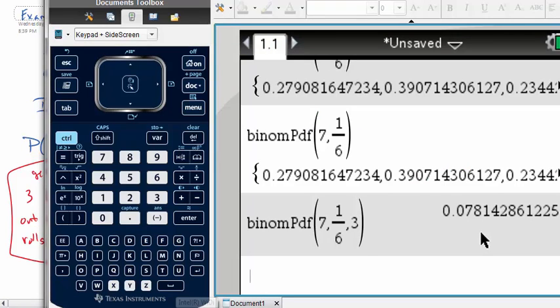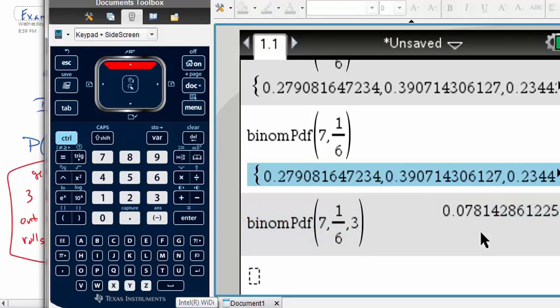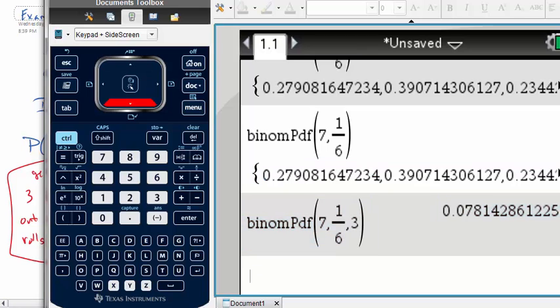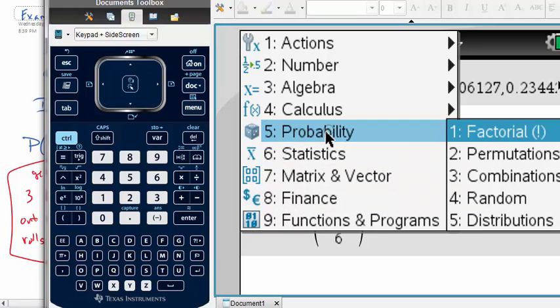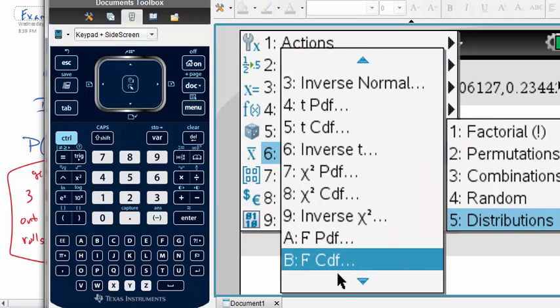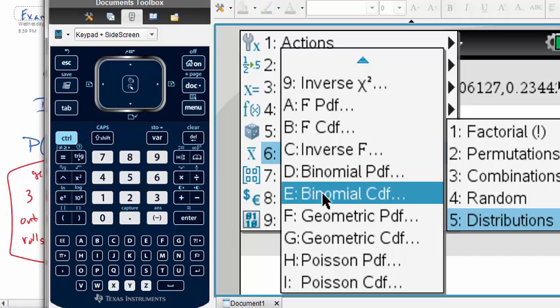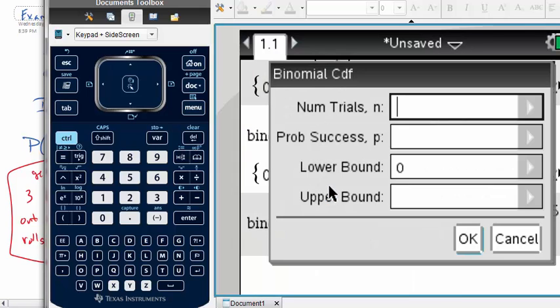And you might be thinking, that's great, we've got this whole list of things right here. We can just add up the 0.279 plus the 0.301 plus the 0.234, and you're right, we could, but there's a better way. You might have noticed that in this distributions menu, there's binomial CDF.